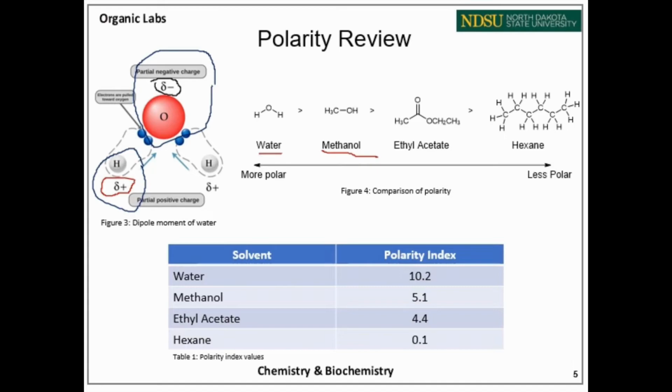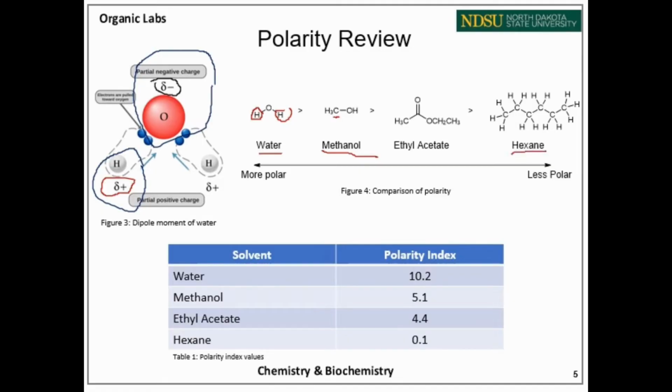The reason for that is this extra carbon that methanol has over water. Carbon is more electronegative than these hydrogens that oxygen has, therefore can more evenly distribute the electron density in the entire molecule. But one thing to keep in mind is that these are still both polar molecules, but water is just more polar.